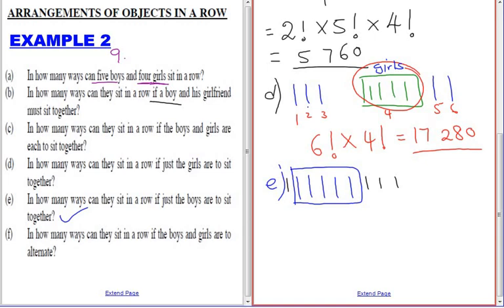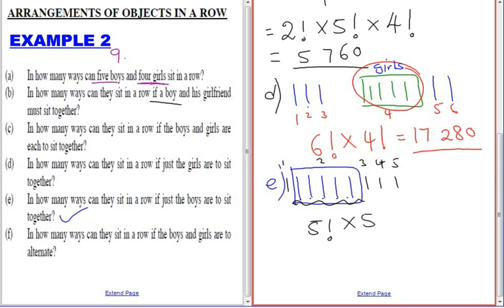So since these ones are seated like this, remember this is 1 object, 2 objects, 3, 4, 5 objects. Now we have 5 objects to arrange, and we arrange them in 5 factorial ways, and afterwards we check our box to see how many things we enclosed in there so that we can take the arrangement of those into consideration. So that will be 1, 2, 3, 4, 5.